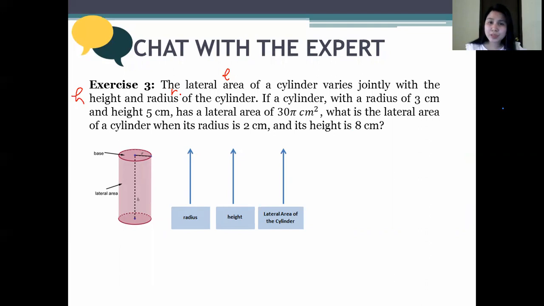If a cylinder with a radius of 3 cm and a height of 5 cm has a lateral area of 30 pi cm squared, what is the lateral area of a cylinder when its radius is 2 cm and its height is 8 cm? Now, can I ask Jared? Jared, how will you translate the first sentence into a mathematical sentence?